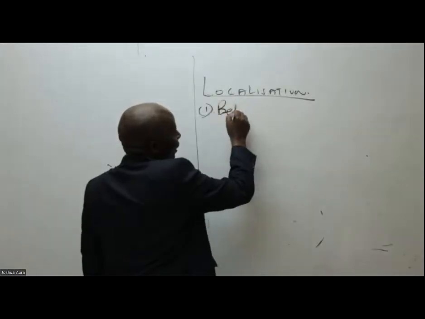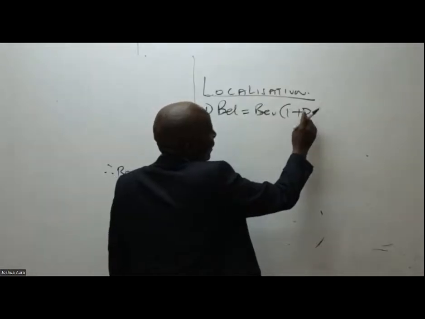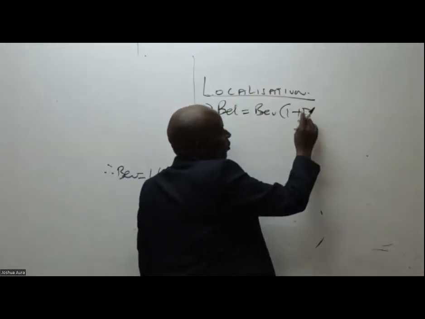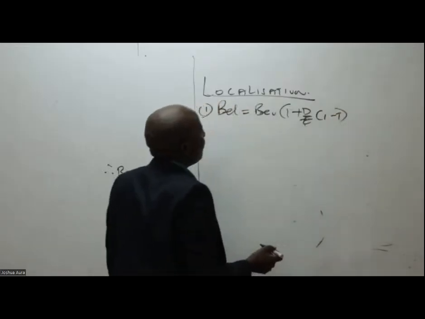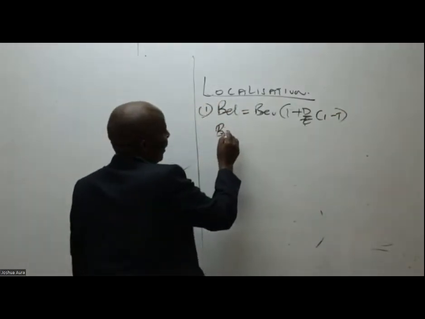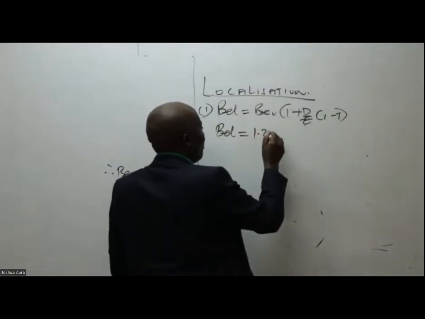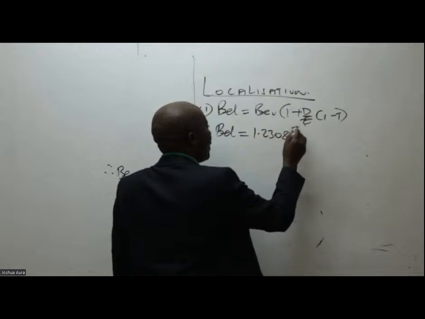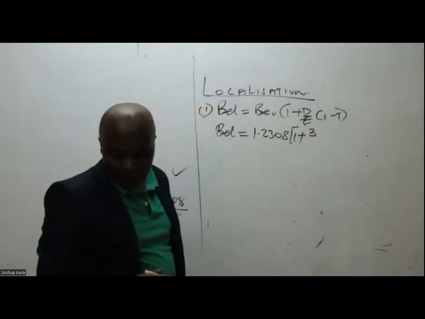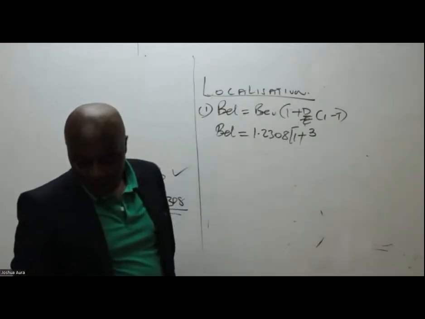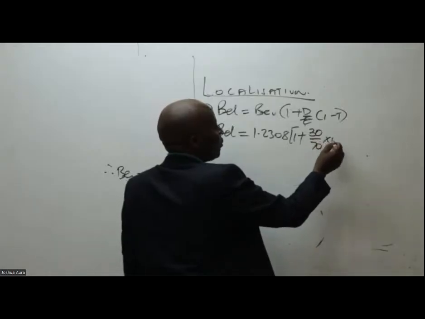We know that BEL should be equal to BEU into 1 plus debt over equity into 1 minus T. So my BEL localization here will be equal to BEU that I have here, 1.2308 into 1 plus debt is 30, debt in the question here, Roman 1, is 30 debt, 70 equity, and then 0.7.